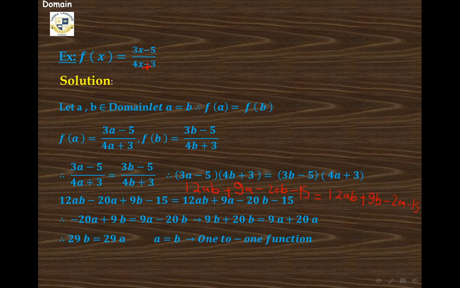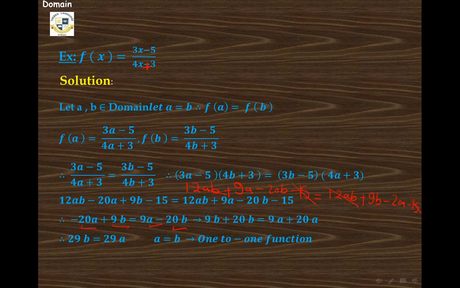I'll collect the like terms. Firstly, I will cancel 12ab with 12ab and the negative 15 with negative 15. Then the remainder is 9b minus 20a and 9a minus 20b.